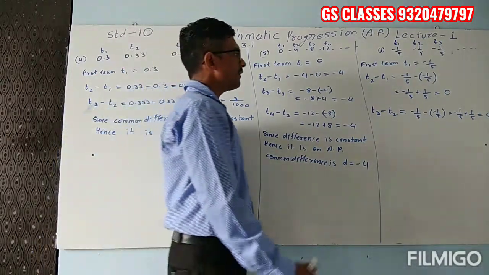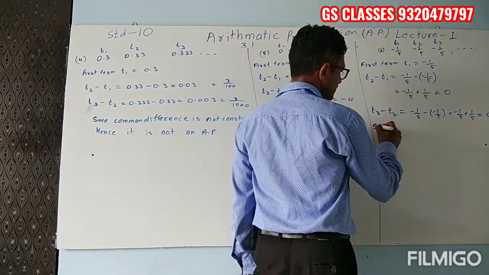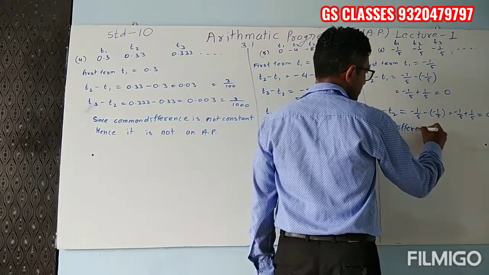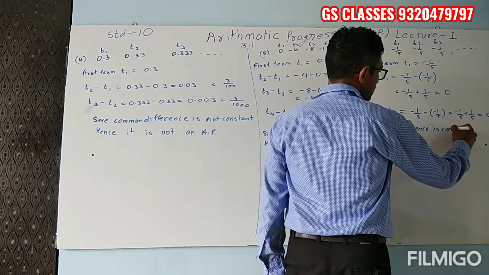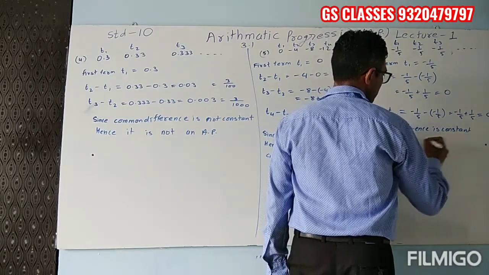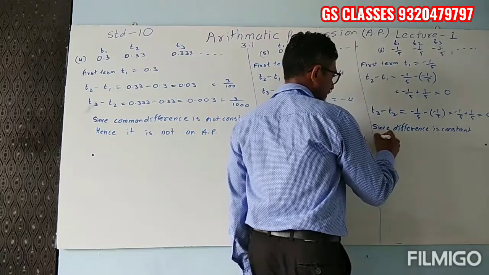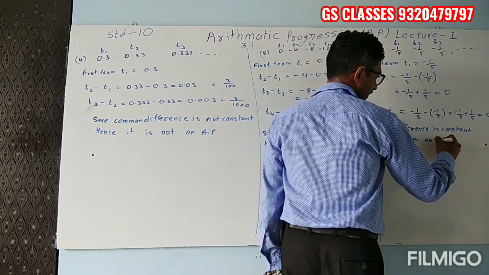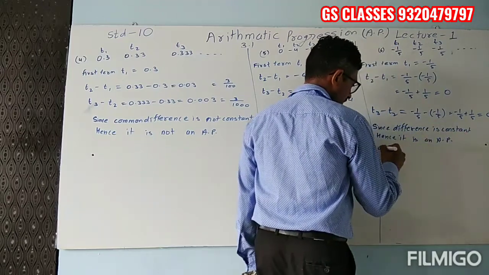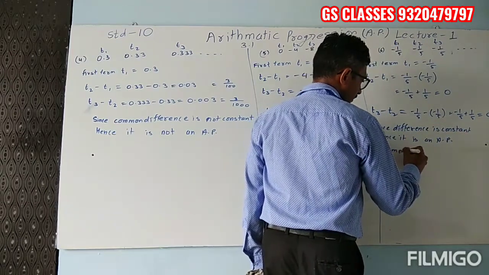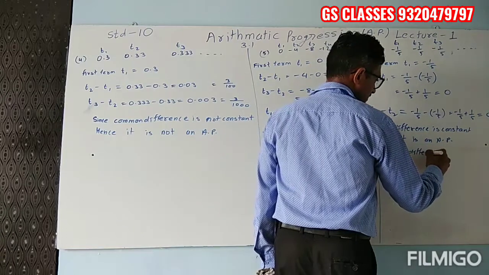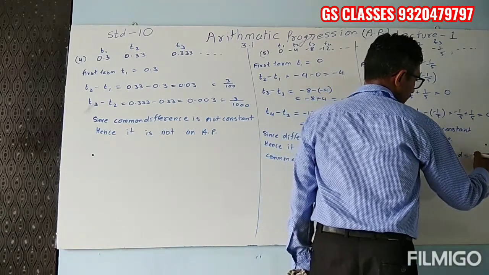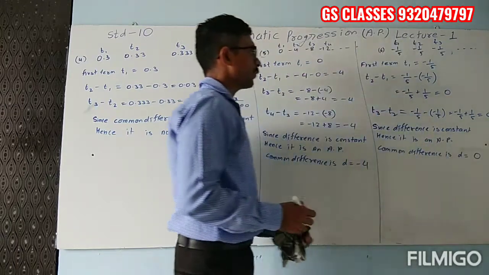Hence, we can now write here, since difference is constant, hence it is an AP. Common difference D is 0.